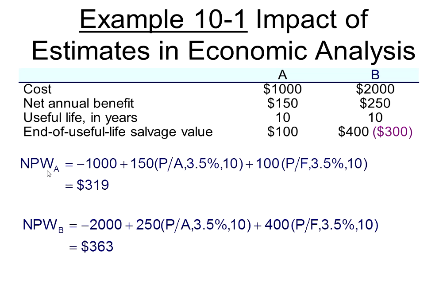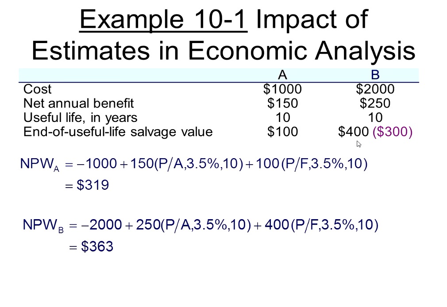Of course, we want to maximize the net present worth, and 363 is larger than 319, so we would prefer B.